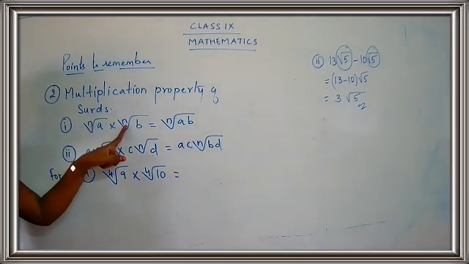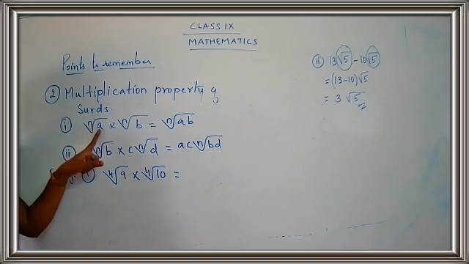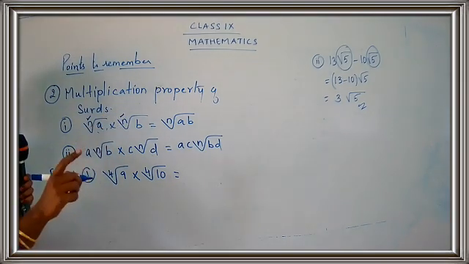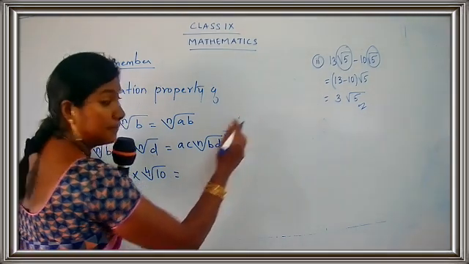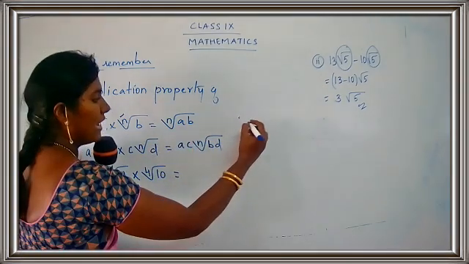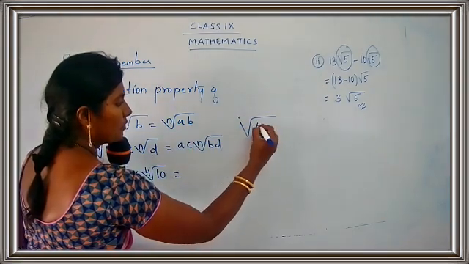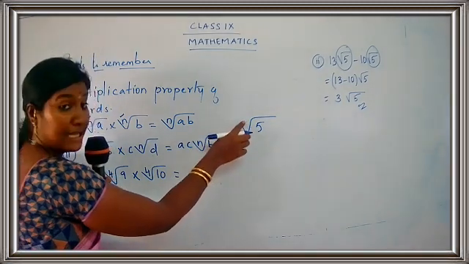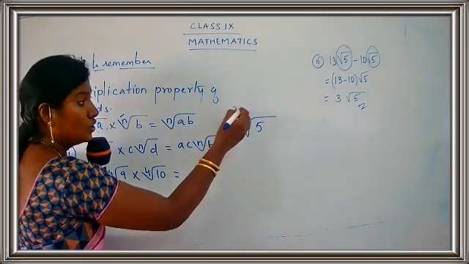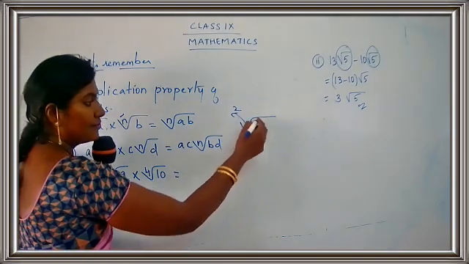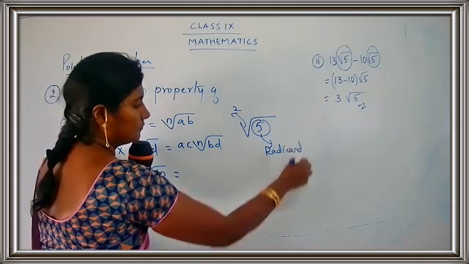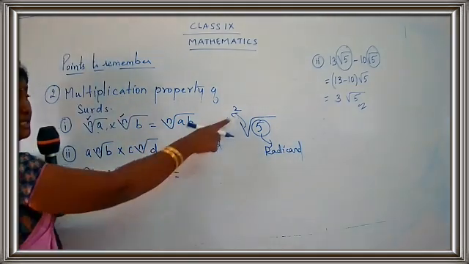What is the root here? It's n. So nth root A into nth root B. If you have the same root, you can multiply the radicand. What is this number? We have already seen in the previous classes. If you have a number root of 5, nothing is mentioned, so it should be taken as 2. So this is 5. So this will be called as a radicand. Clear? And this is a root index.